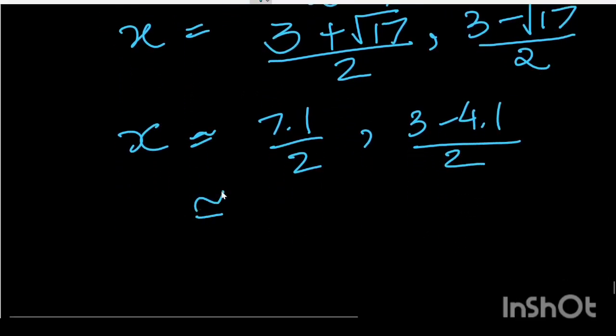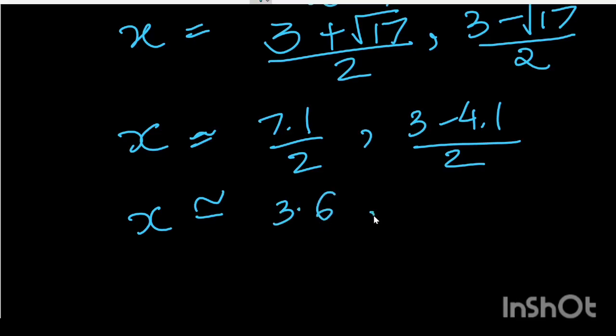So x is approximately 3.6, and the other is approximately minus 0.45.